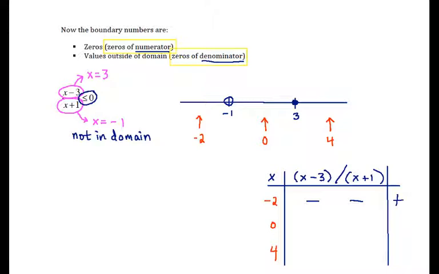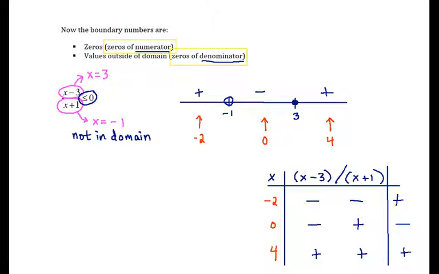And if we have an odd number of negatives, then we'll say it's negative. If x is 0, we have -3 divided by +1, so the overall sign is negative. And if x is +4, both factors are positive, and therefore the overall sign is positive. So copying this sign pattern over to my number line, I can see that it goes plus, minus, plus.